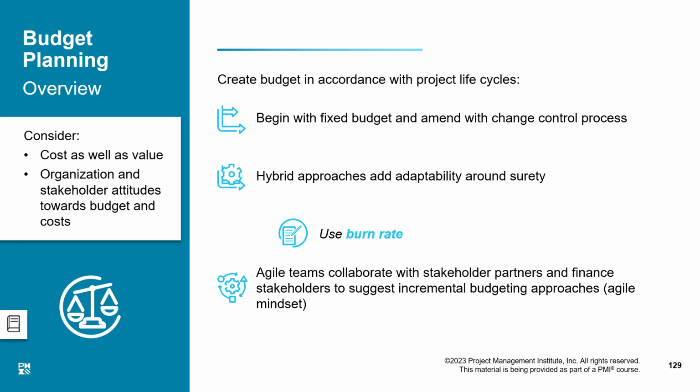If it is a predictive project, naturally, all of the budget or cost planning has to be done upfront. And once we have established the budget, we will baseline our cost. And then we will get into the execution. If it was a hybrid project, in hybrid approaches, we start with our project management plan, and naturally, we do have an idea of some budget after calculating it from the top down.